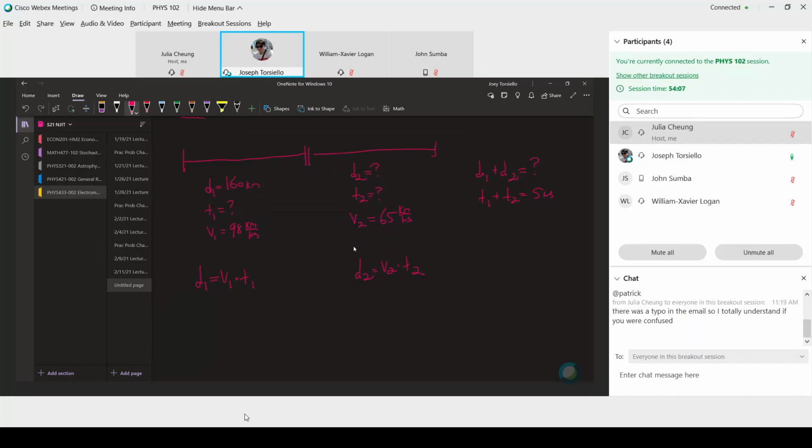So let's see, what was the first thing I said? Yeah, you want to find T1 first. So how do you find T1? It's D1 over V1. Let me just organize it better. T1 is equal to D1 over V1, dividing on both sides.